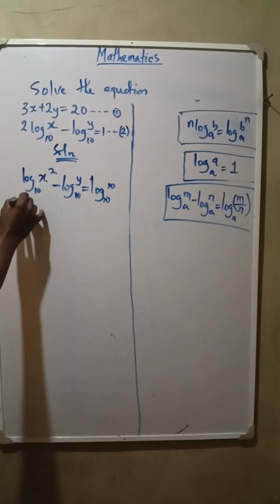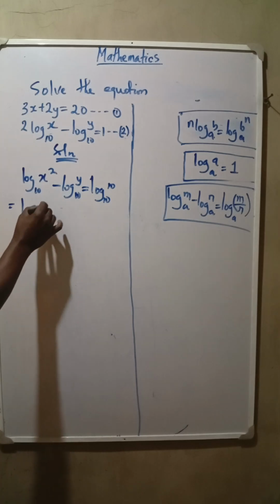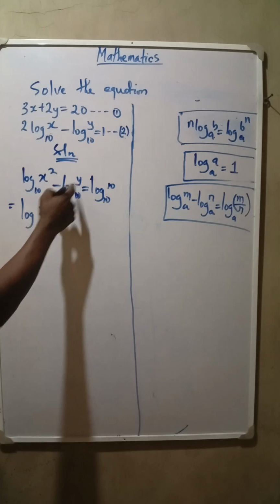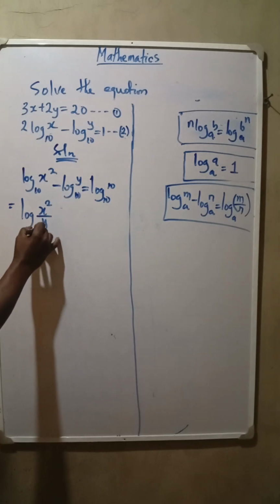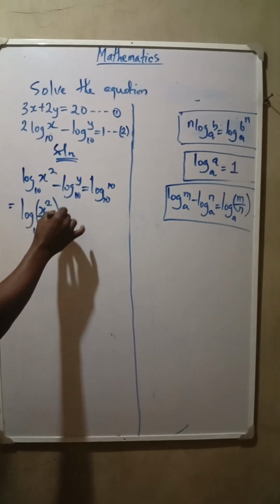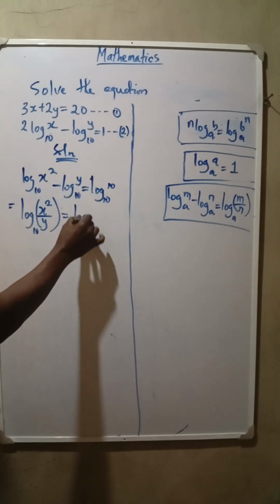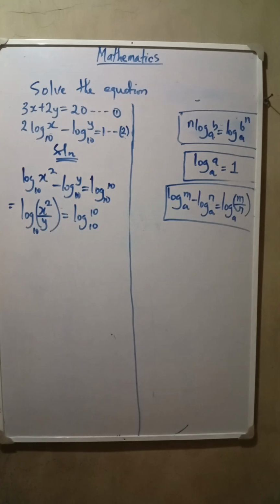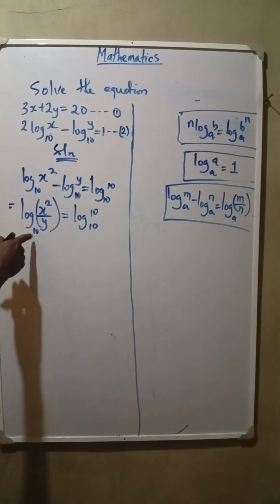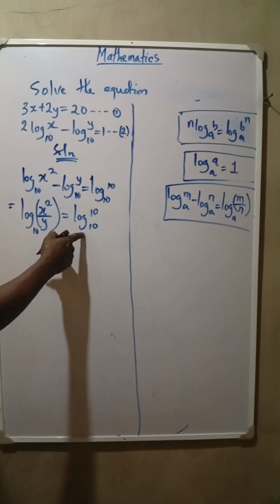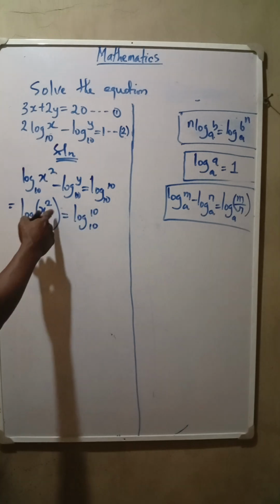So this one will now give a single log, x square divided by y, base 10, equals log 10 base 10.